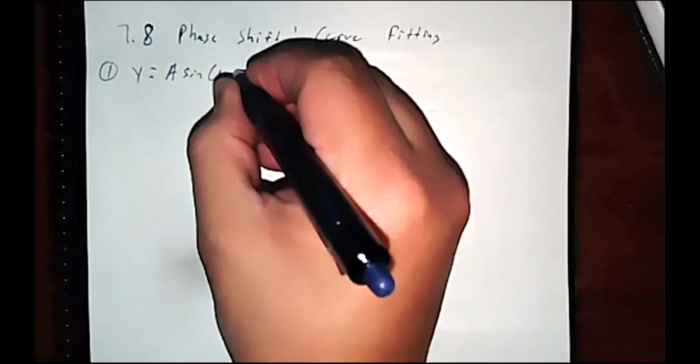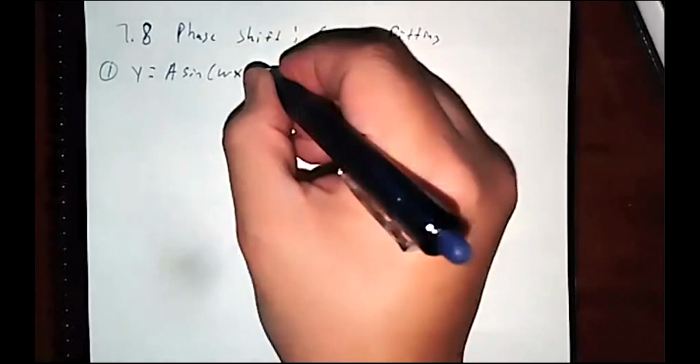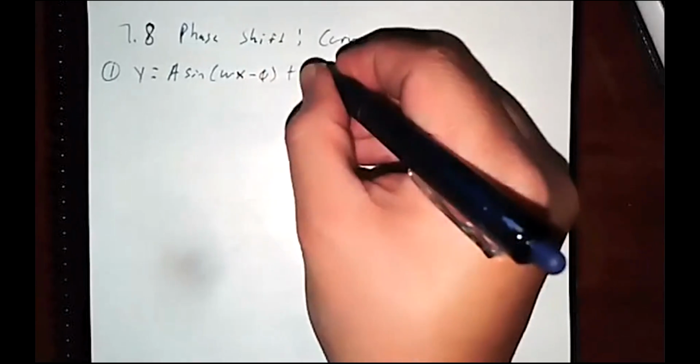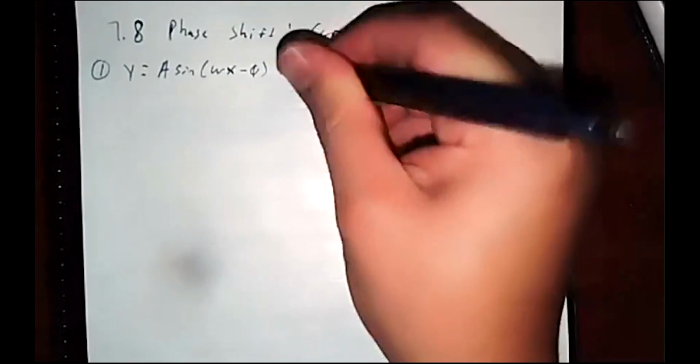Since I'm not making you do it by hand, these sections will be very easy. When I say easy, I mean it could be harder by not letting you use a graphing tool. So number 1, y is equal to A sine of omega x minus phi plus capital B. Beta is reserved for something else.